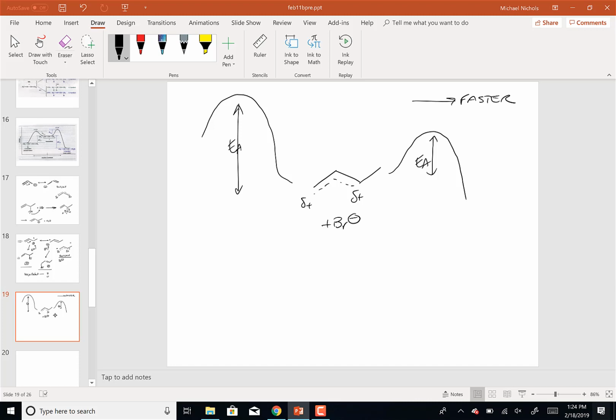So my question is, how am I ever going to get the major product to be the product on the left? Let's fill in the diagram.